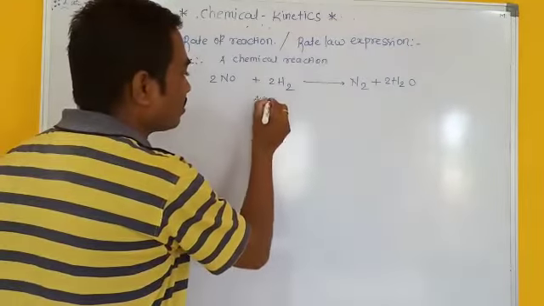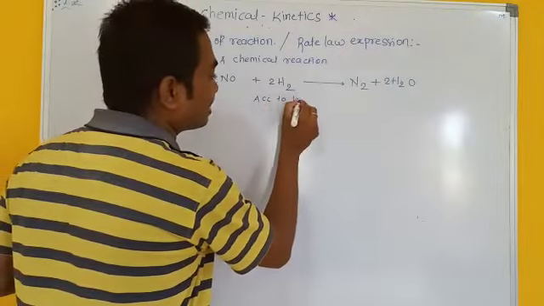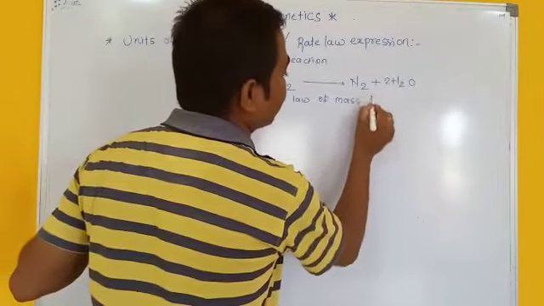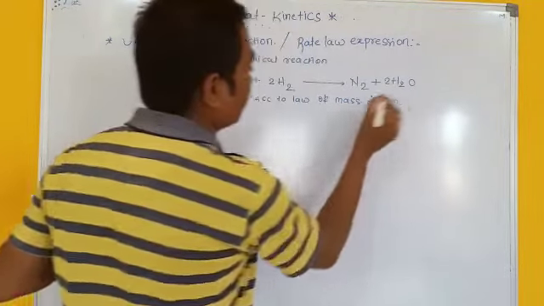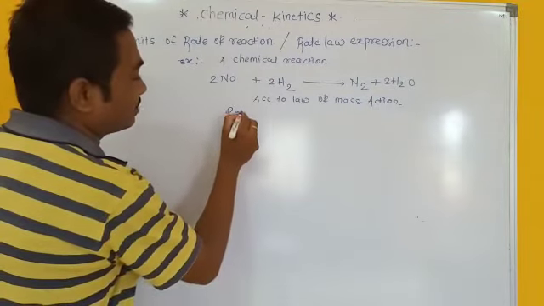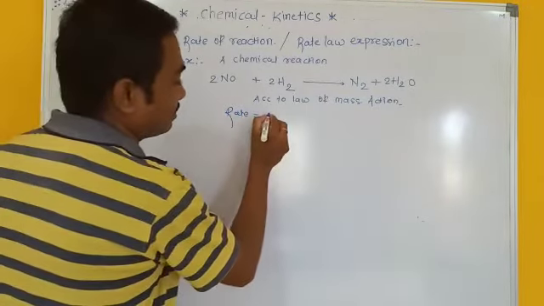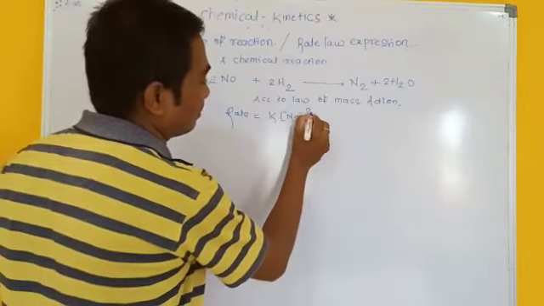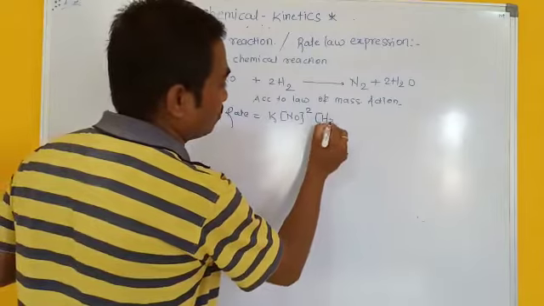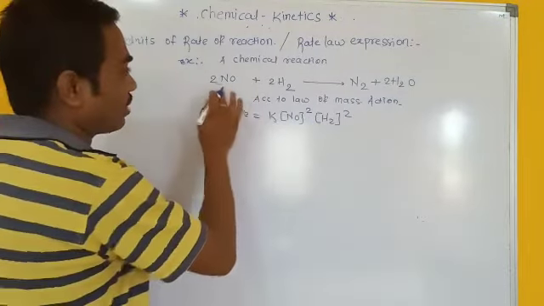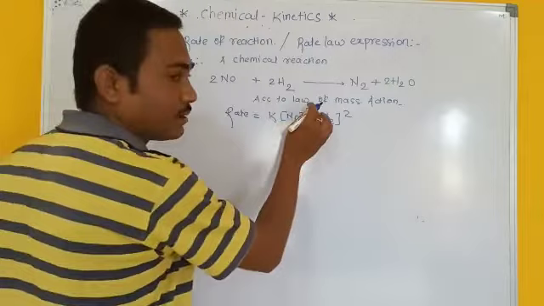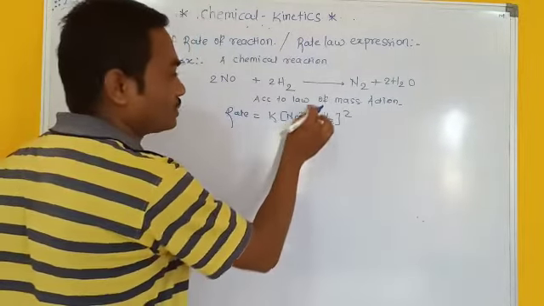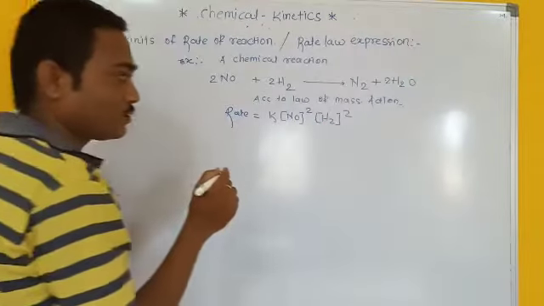According to the law of mass action, the rate of reaction is written as K, NO square, H2 square. That means here we have to write the coefficient as a power 2. Concentration of NO raised to power 2, concentration of H2 raised to power 2.